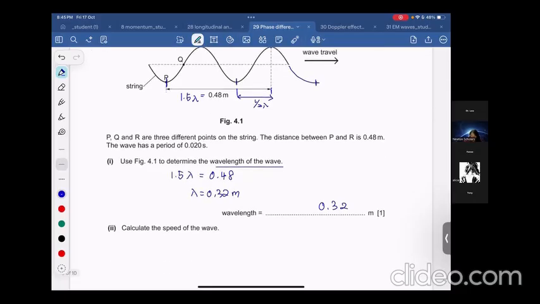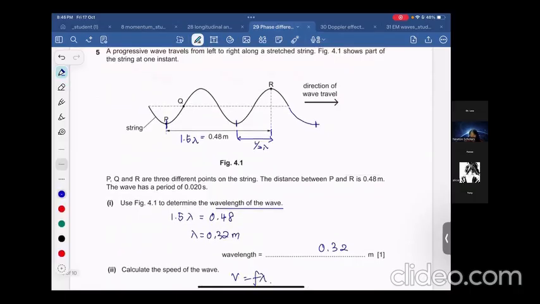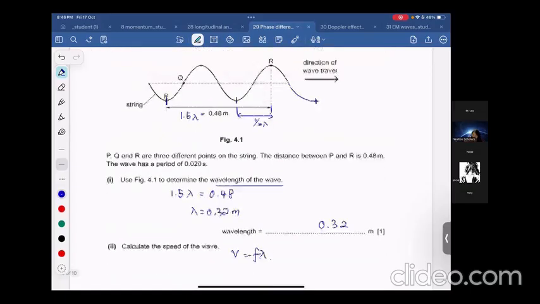Can you try to find the speed? V equals f lambda. You already have the wavelength, but how do you know the frequency? Find the information from the question above. The wavelength is the one you just calculated.